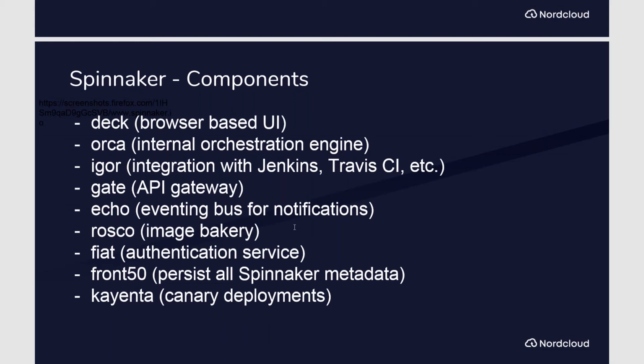Then there is Front50. So of course, all this means that Spinnaker needs to hold some metadata itself. So this service keeps track of that, and the metadata is actually persisted when you run this on top of AWS. It's persisted on top of an S3 bucket.